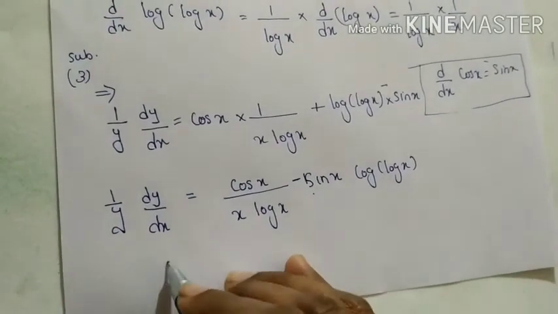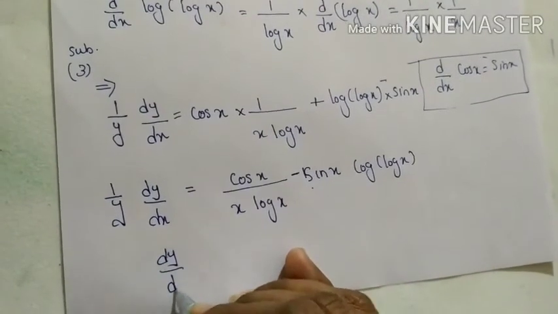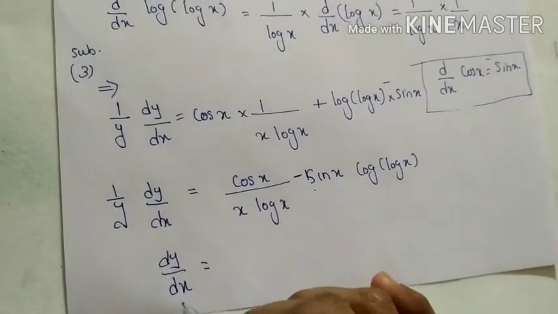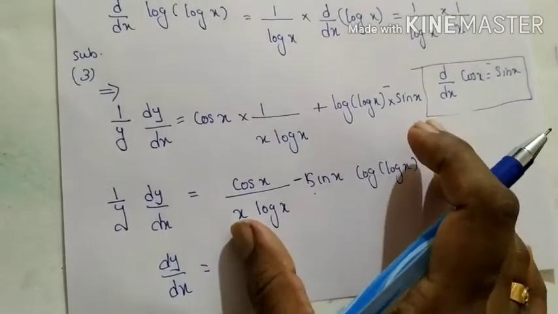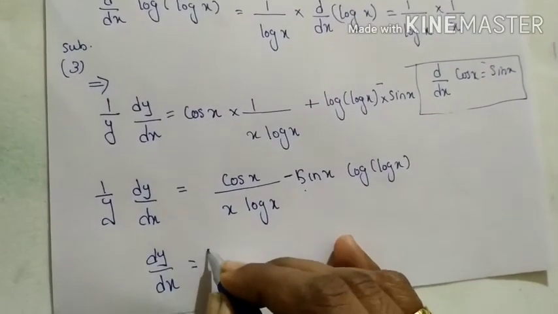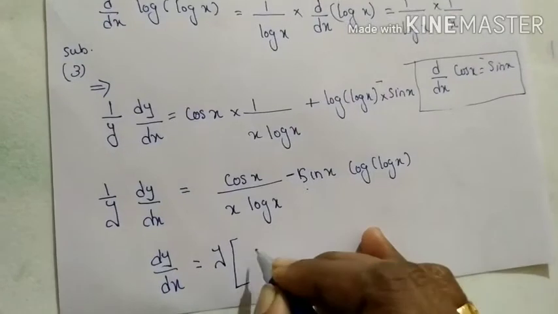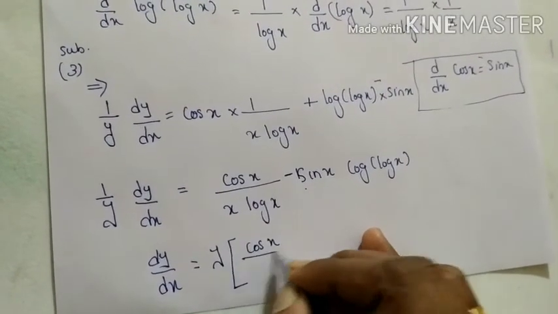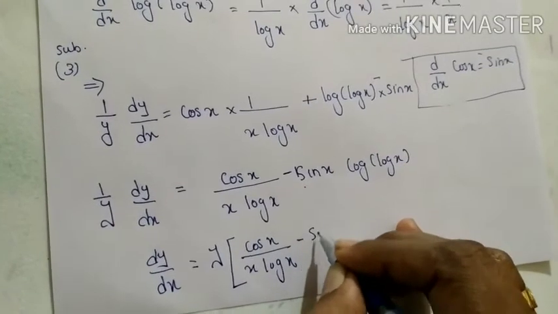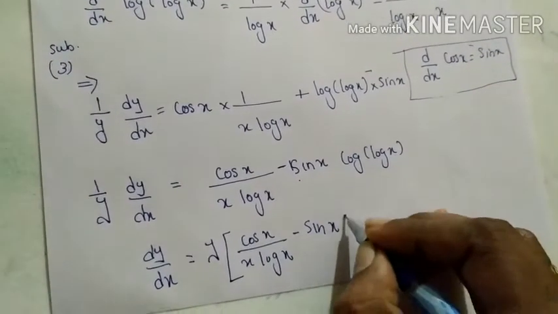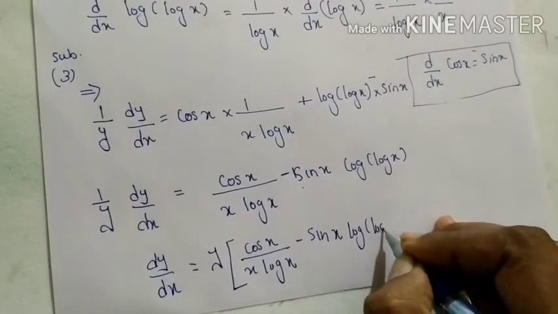We need only dy by dx, so our dy by dx becomes, this y goes to the RHS and we get y into (cos x by x log x minus sin x log of log x).